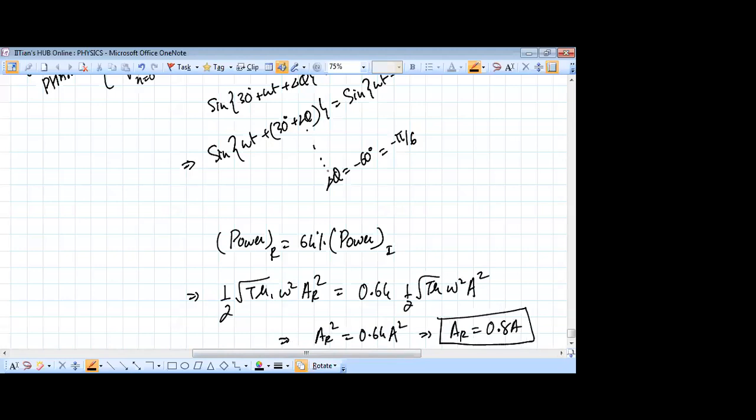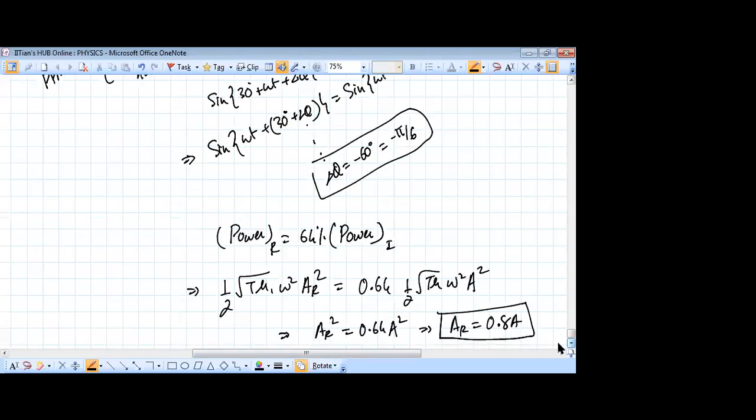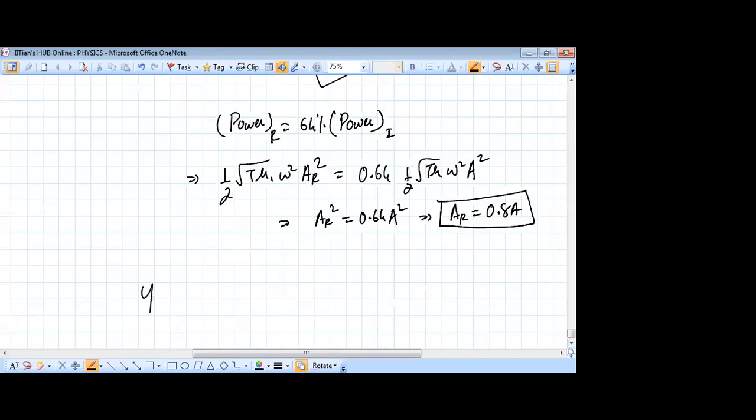So now you got this and you got this phase constant. So you will understand the equation of the reflected wave. The reflected wave will have an equation of 0.8 e sine kx plus omega t plus 30 plus 60. So this will become plus 90.